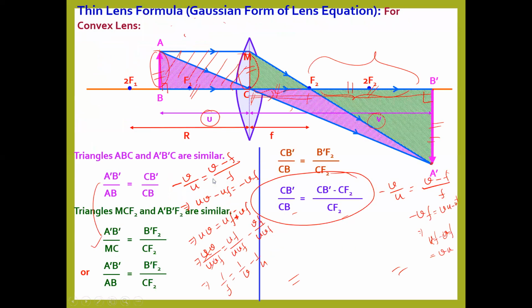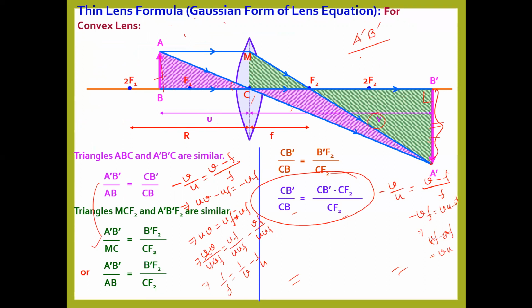Or let us see the diagram. So actually what is M? M is A prime B prime, the image height, divided by the object height, AB.